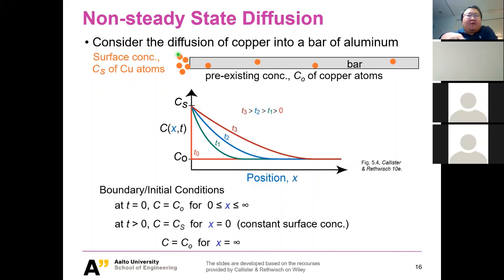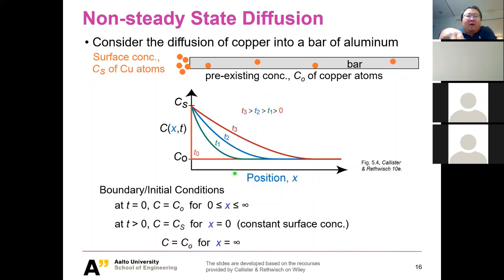So you can imagine there are copper atoms, and now you want to diffuse your copper atoms into an infinite bar, whatever it is. So these are the two assumptions. The first is the surface concentration is a constant, and the second is your diffusion goes into the infinite space to the right.